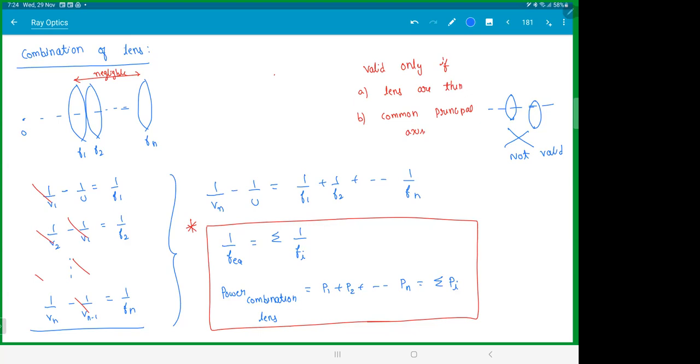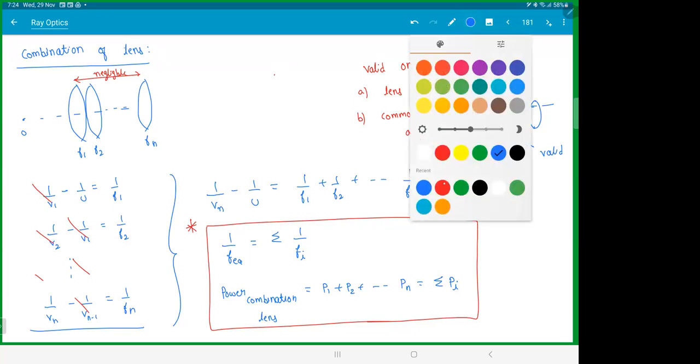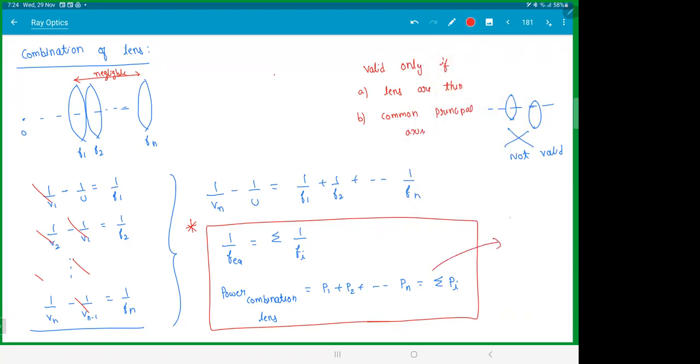Clear with this? And this whole combination behaves like a lens. Can replace the whole thing with a single lens. Clear? Any doubts on this?